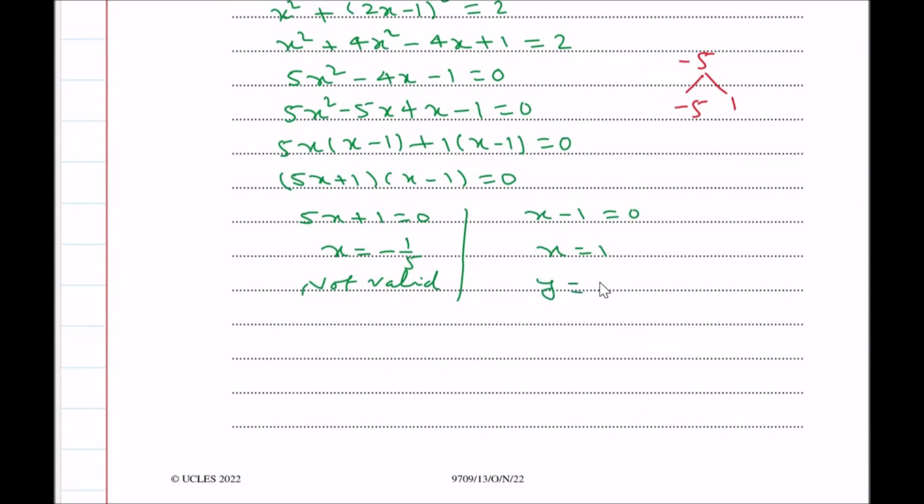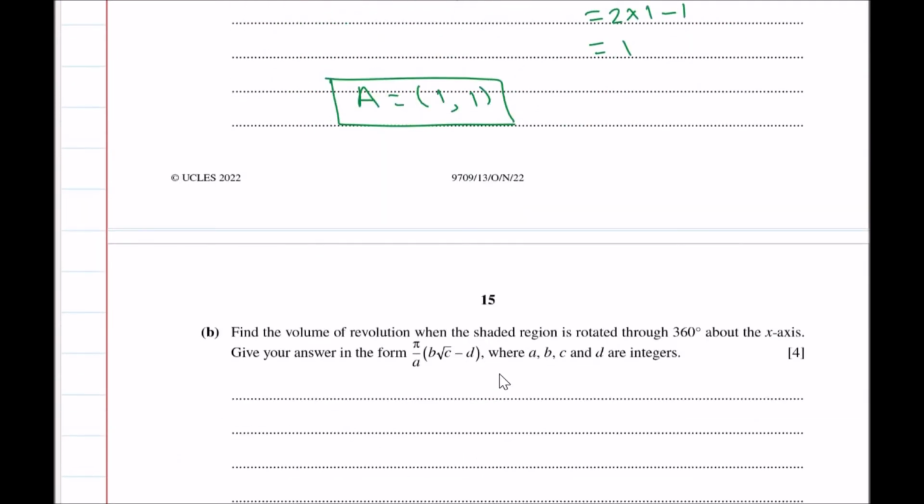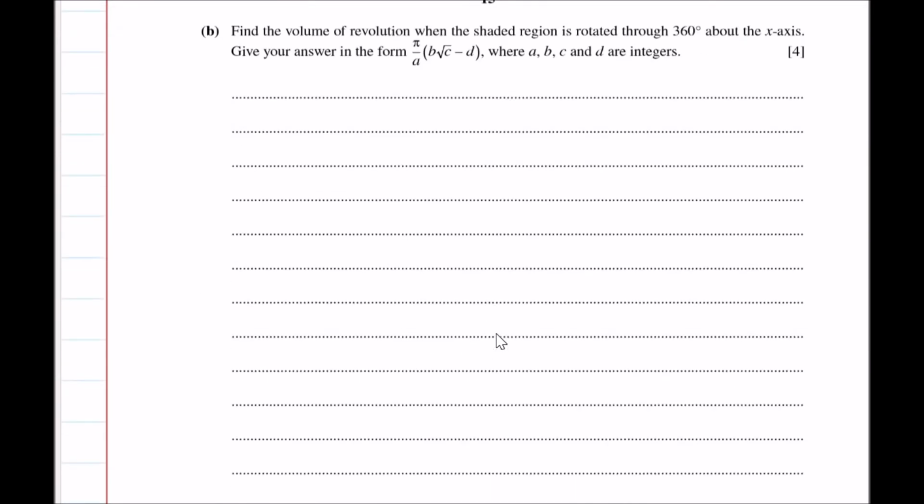Then y = 2x − 1 gives us 2 into 1 minus 1, that is 1. Therefore, point A will be given by (1, 1).